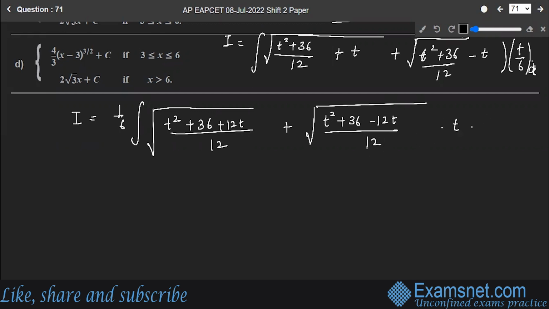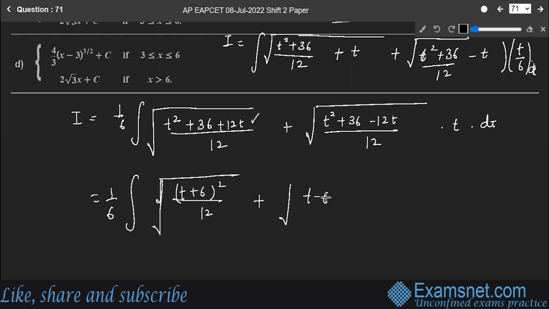This whole multiplied by t multiplied by dt, right? So this is nothing but integral of root of t plus 6 square upon 12 plus t minus 6 square upon 12 into t into dt.